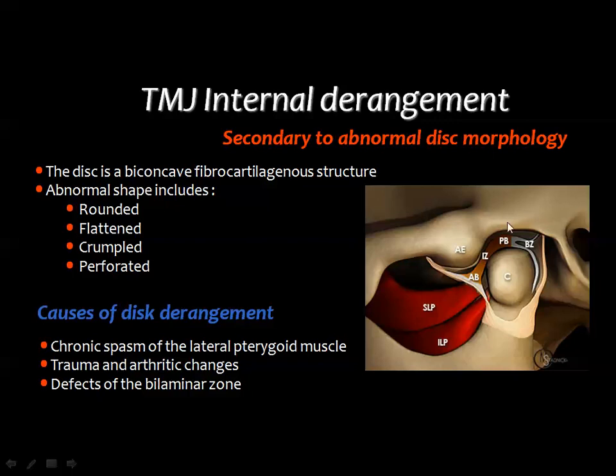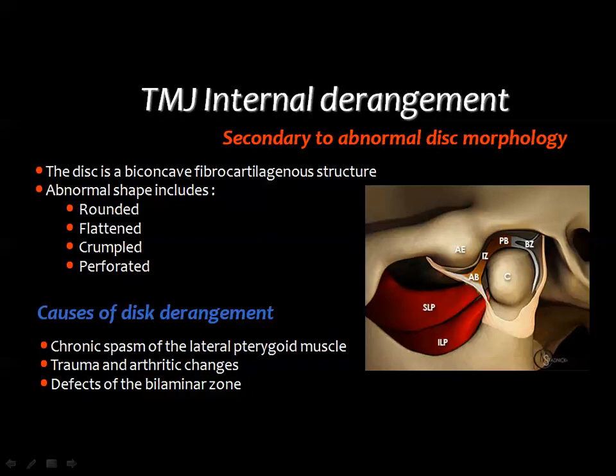And the derangement may be secondary to abnormal disc morphology or abnormal position of the disc in relation to the mandibular condyle and the articular eminence. And these are some of the abnormal shapes that you can meet in the clinical practice. As I have mentioned, the disc is a fibrocartilaginous biconcave structure which will appear black in all pulse sequences.